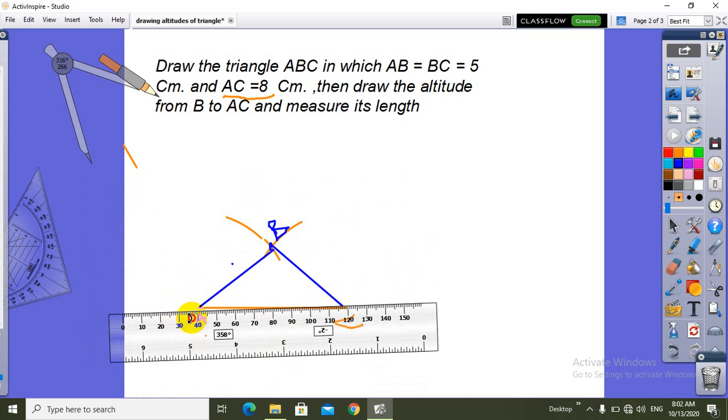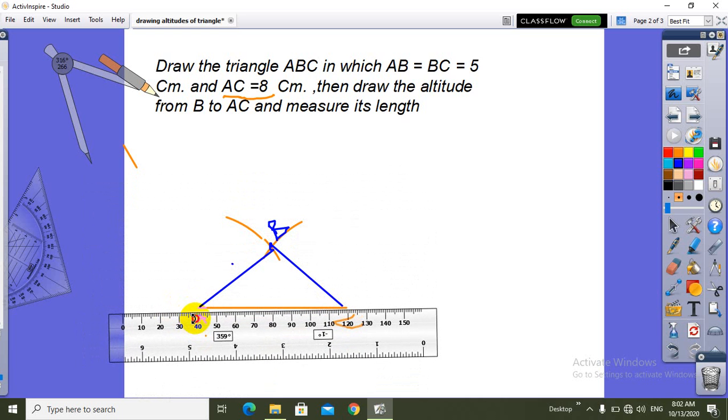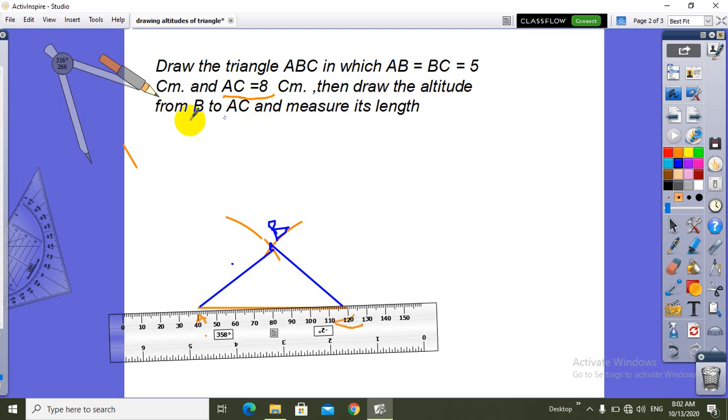Then the third step, I will make now what? The altitude from B to AC, from B over AC.